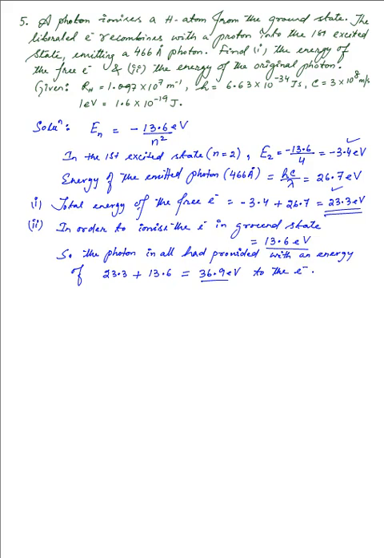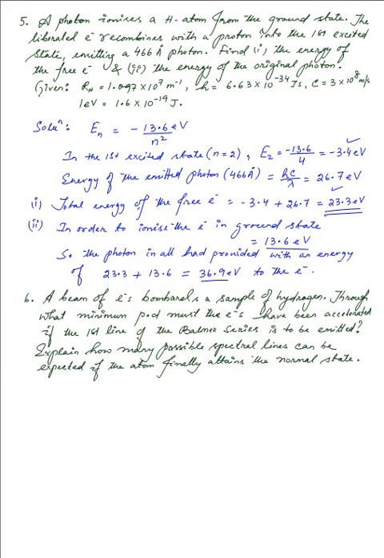Up next, we have a beam of electrons bombarding a sample of hydrogen. Through what minimum potential difference must these electrons have been accelerated if the first line of the Balmer series is to be emitted?